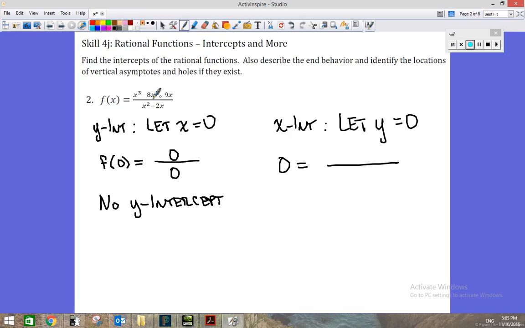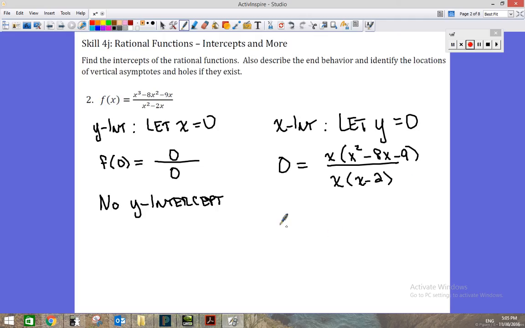Here I notice that x is the greatest common factor in the numerator, and I factor this to x times x squared minus 8x minus 9. The denominator has x as well, so there I have a common factor that is going to reduce.